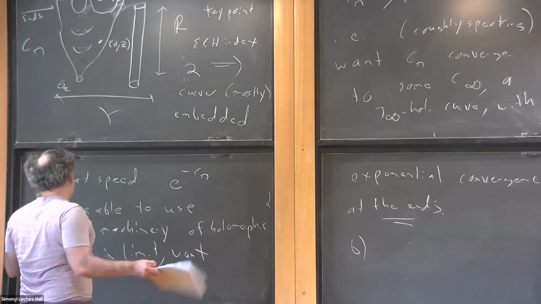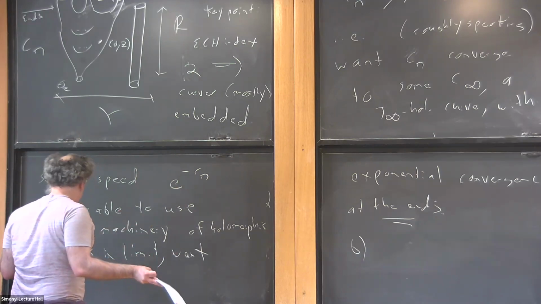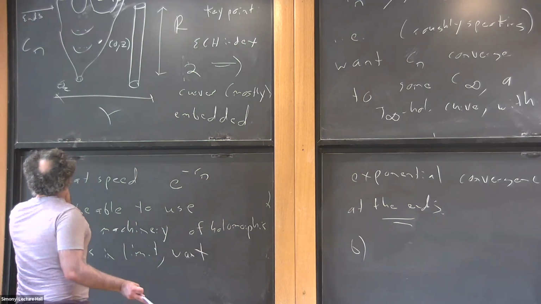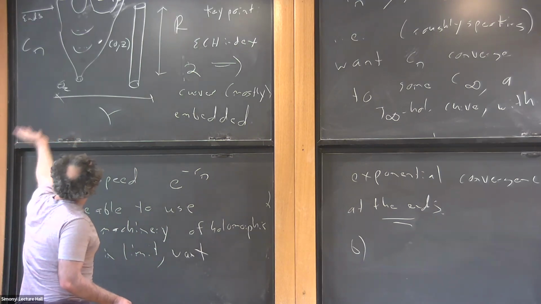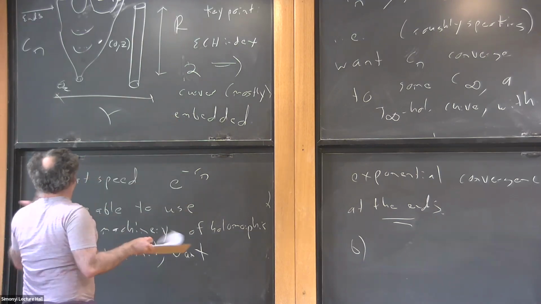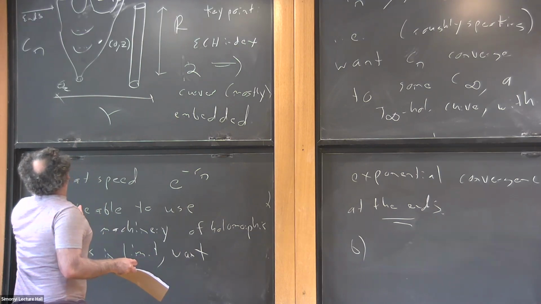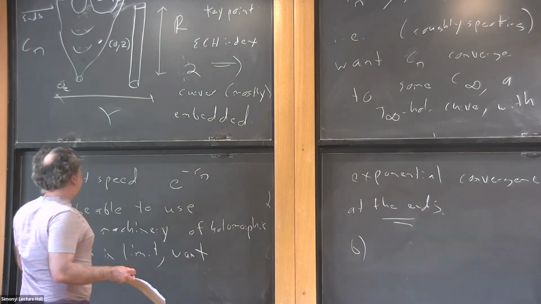The reason for that has to do with weighted Fredholm theory. Maybe I don't want to say too much about that, but hopefully it's at least plausible that if the C_n's are converging to some kind of object that still has exponential convergence at the ends, I can still leverage a lot of the analytic machinery of holomorphic curves to get something useful.